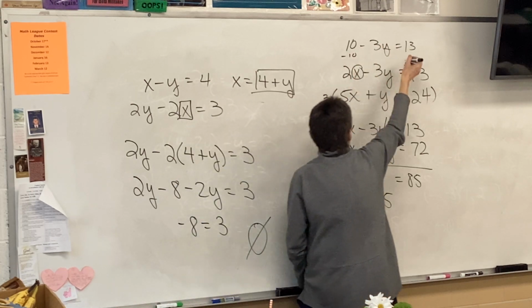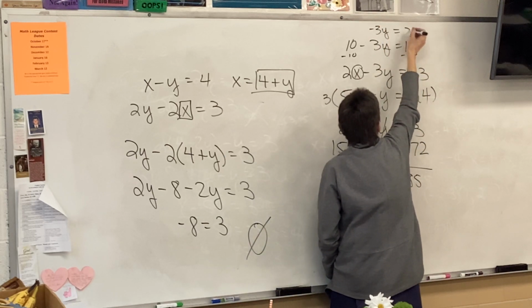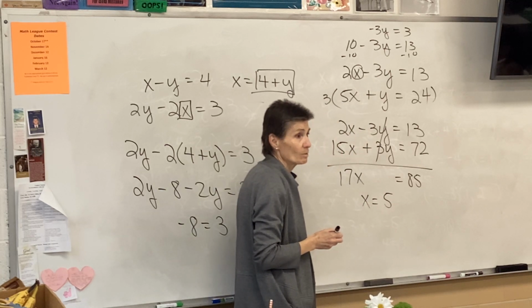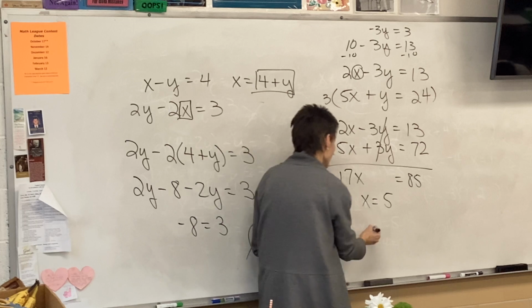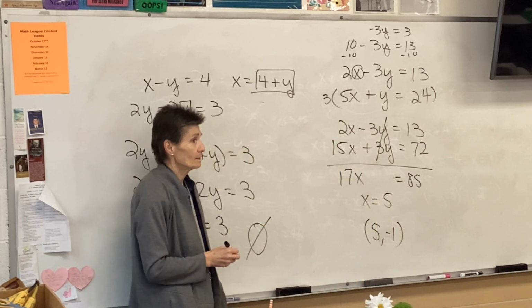So subtracting 10, negative 3y equals 3. So y equals negative 1, and my answer is the point (5, -1).